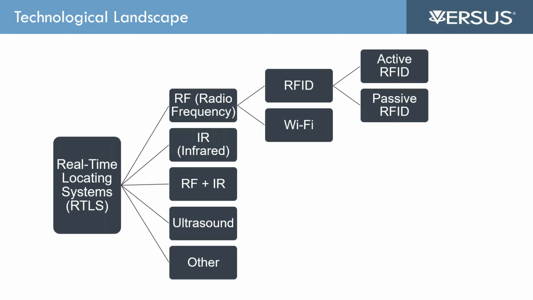But you'll see Wi-Fi I actually have under RF because it uses a radio frequency signal. And RFID, specifically the active, can flow in and provide information to an RTLS system. So it's a minor distinction, but I think it's one that's helpful to understand, that they can work together, but they have two different purposes and two different practical applications.